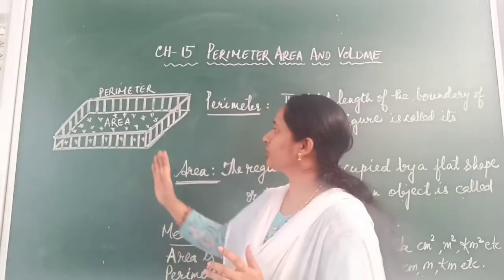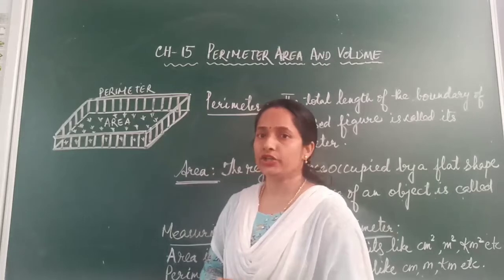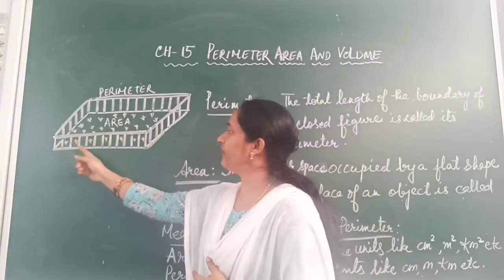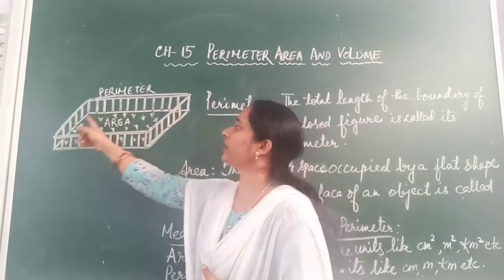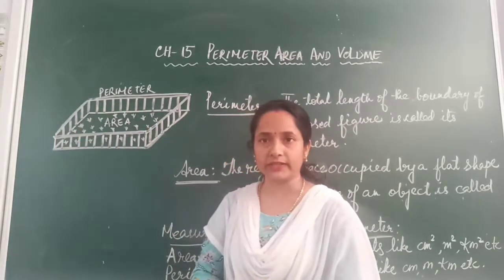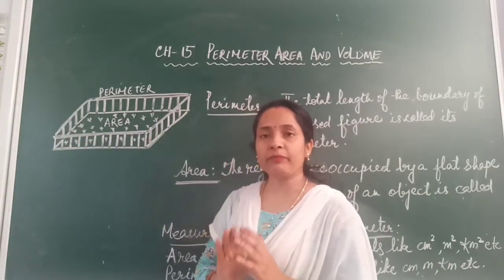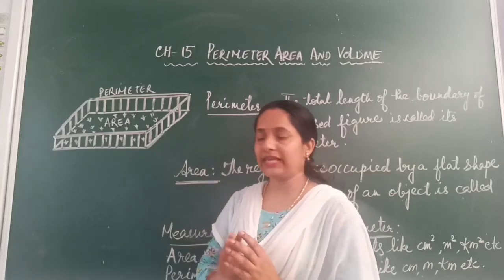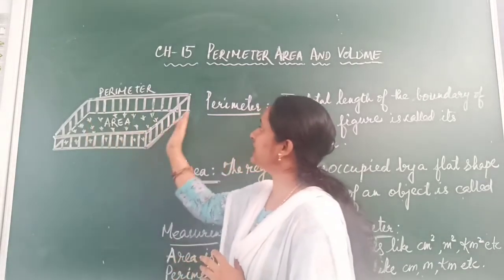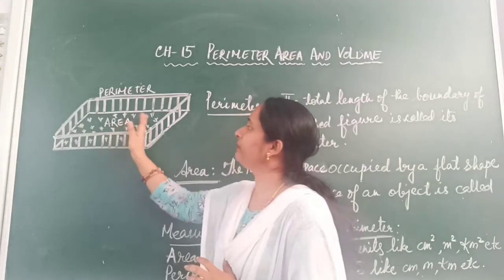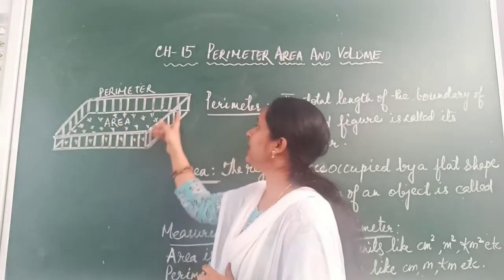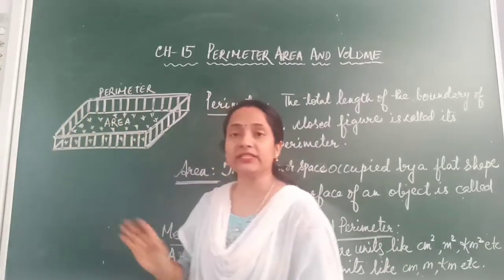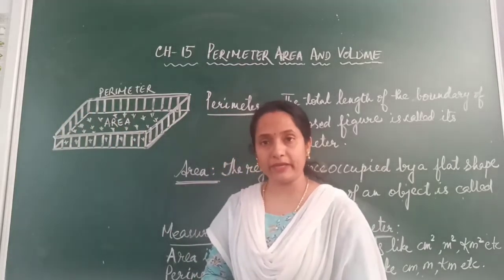If you will focus on this particular given figure, you find there is a field and some boundary is made or fencing is made along the boundary of the field. So whatever the portion is enclosed within this boundary of the field will be called as the area of the field, whereas the total length of this boundary or this fencing will be called as the perimeter.